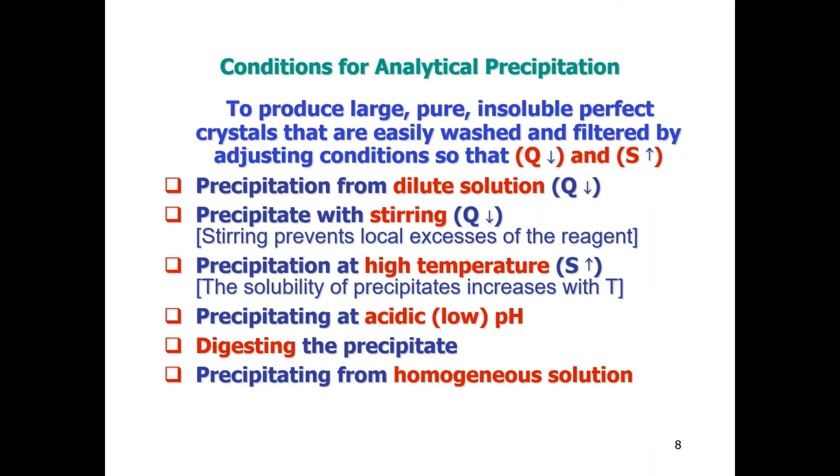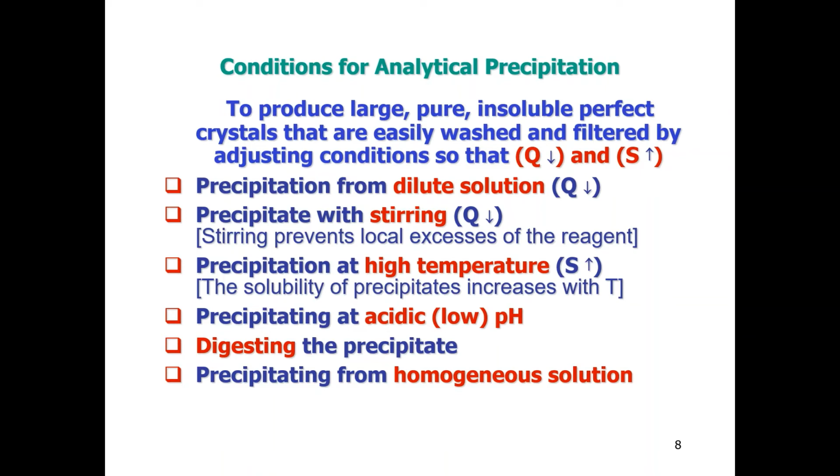Secondly, in the following slide, they will further discuss precipitation with stirring. Now, when we add the precipitant, what happens is a local increase: a small part of the solution that receives the precipitant will have a high concentration.